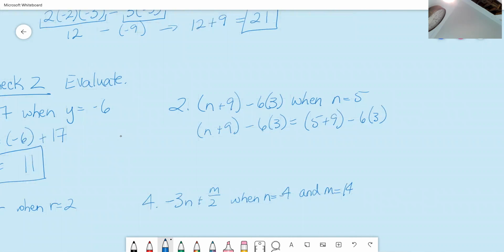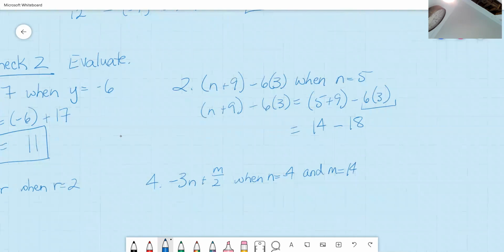So let's just go ahead and solve inside our parentheses. We have 5 plus 9 is 14. And we can go ahead and do our multiplication here as well. So 14 minus 6 times 3, which is 18. And then 14 take away 18 is going to be a -4.